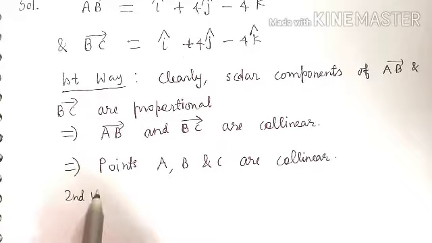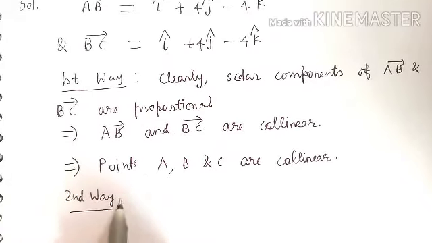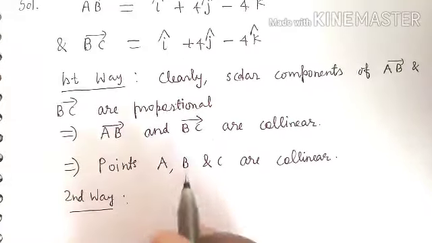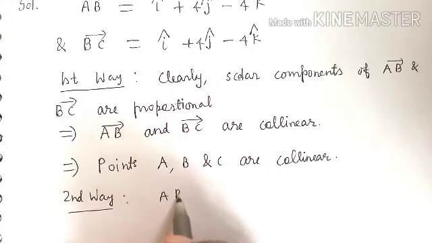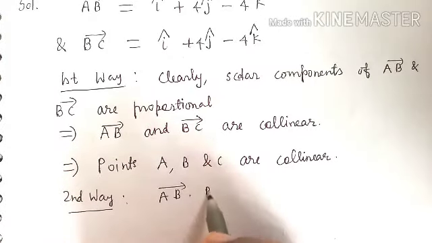Second way, we take vector AB dot vector BC.